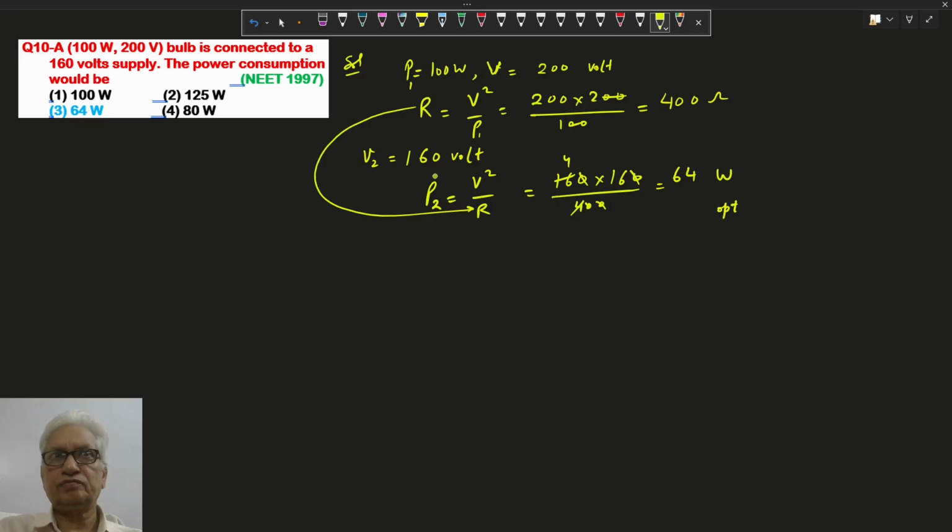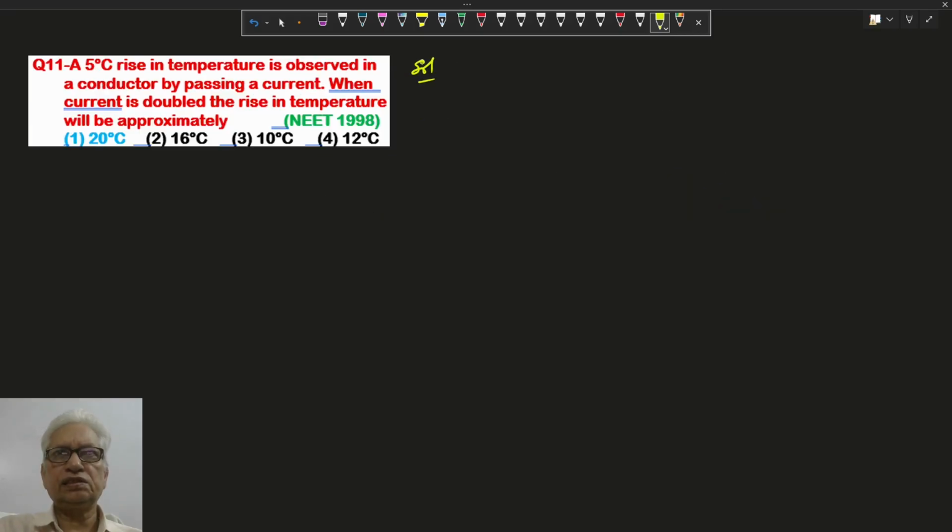Option D, 5 degree temperature rise, so delta T is 5 Celsius. A conductor passes a current, and when the current is doubled, we have to find out the rise.